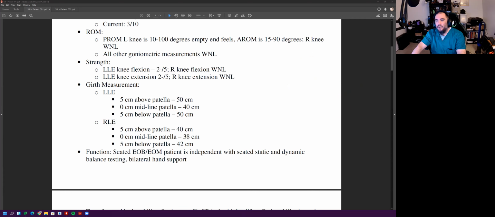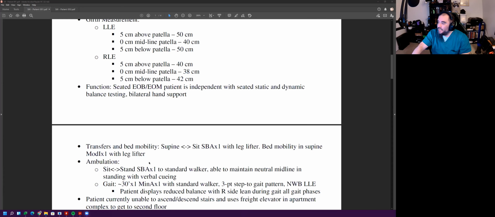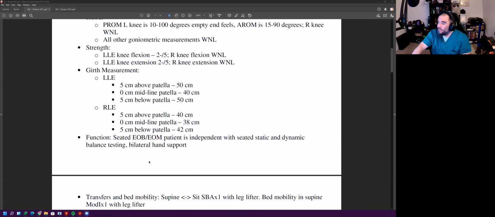All right. So for this semester, while function and transfers and stuff like that are important, it gives you the ability to tell how safe she is. And this is really important to understand. So it says, patient is seated at edge of bed, edge of mat, independently with both dynamic and static balance testing, as long as she has 2 hands down.